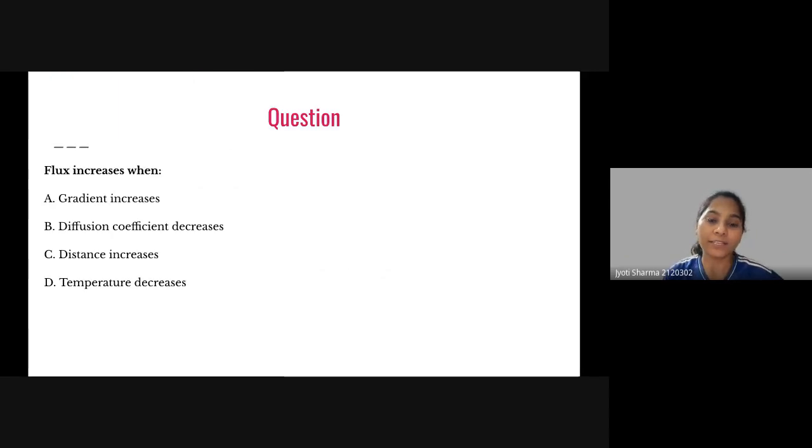Okay. Flux increases when gradient increases, diffusion coefficient decreases, distance increases, or temperature decreases. Again, the flux is due to your bulk movement and your diffusion flux, right? So this is your net flux.